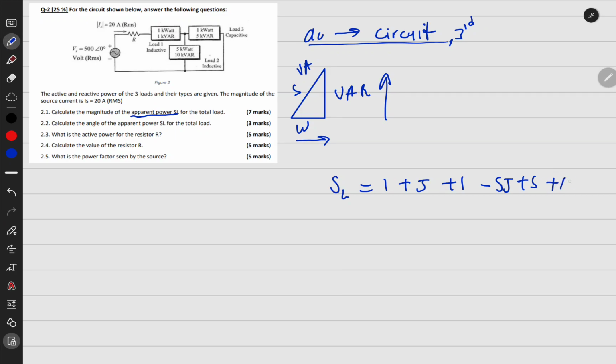It's going to be a plus 10 J. So your question would be, why did you put a minus for a capacitor?